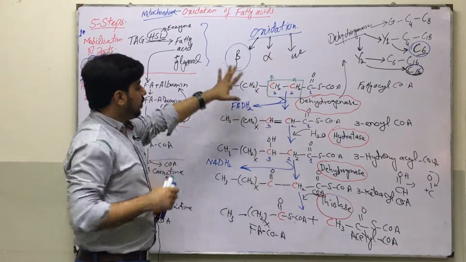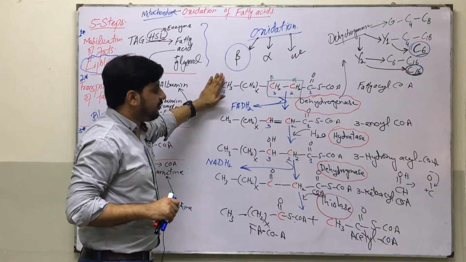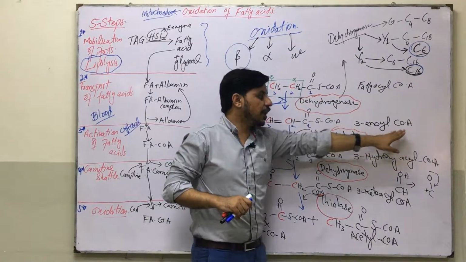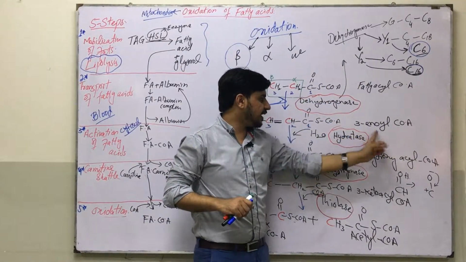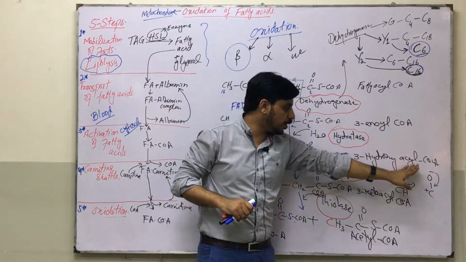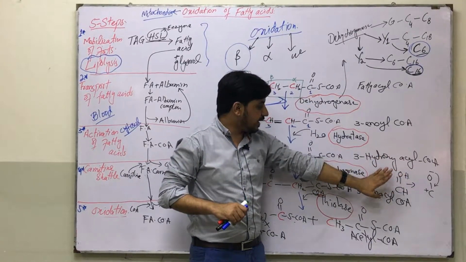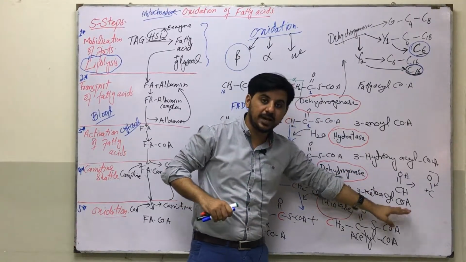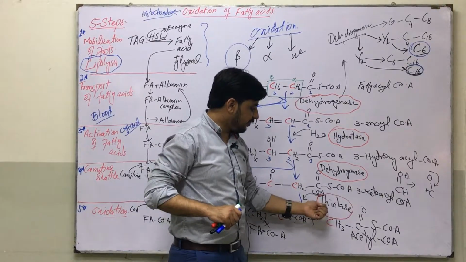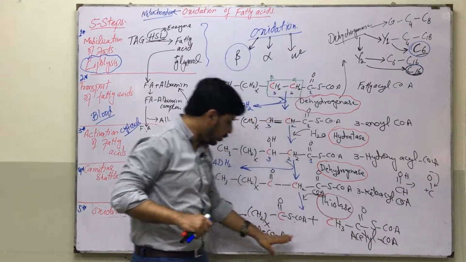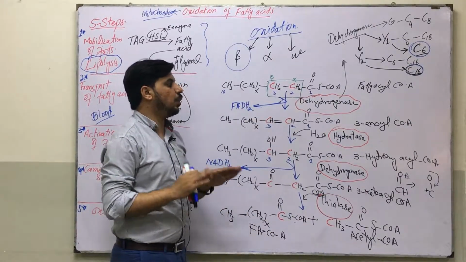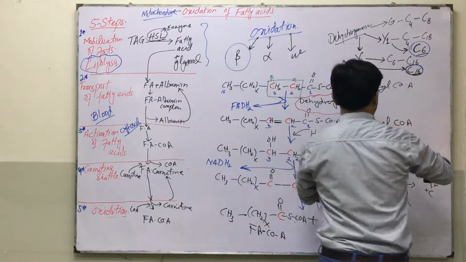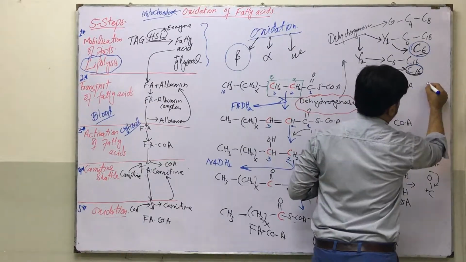Is that clear? Once again I am going to repeat: in the first step, with the help of dehydrogenase, this fatty acyl CoA is converted into enoyl CoA, and with the help of hydratase, enoyl CoA is converted into hydroxyacyl CoA, and this hydroxyacyl CoA with the help of dehydrogenase is converted into ketoacyl CoA, and ketoacyl CoA with the help of thiolase is converted into acetyl CoA and fatty acyl CoA.